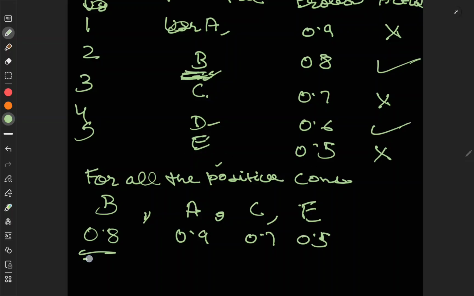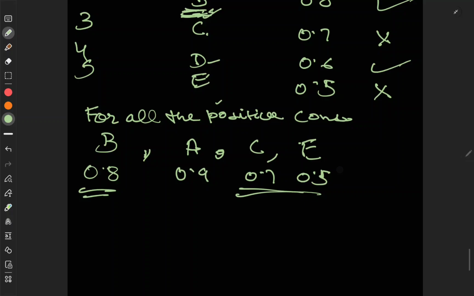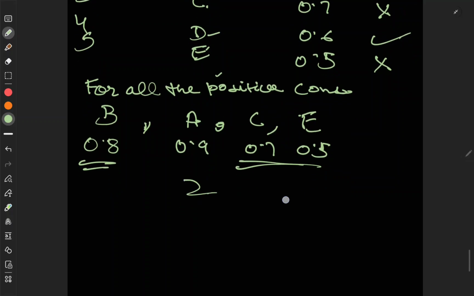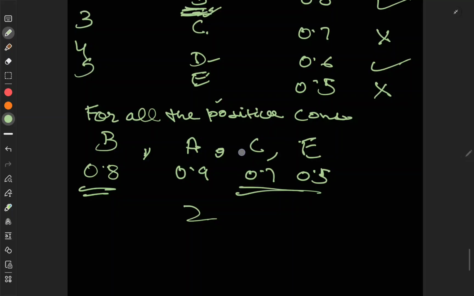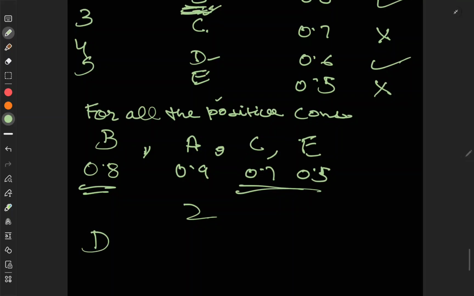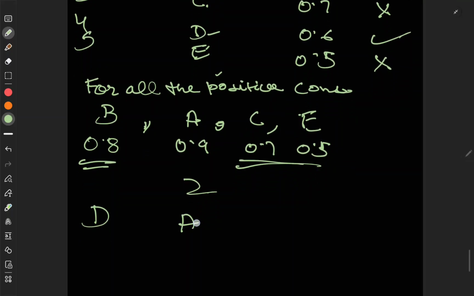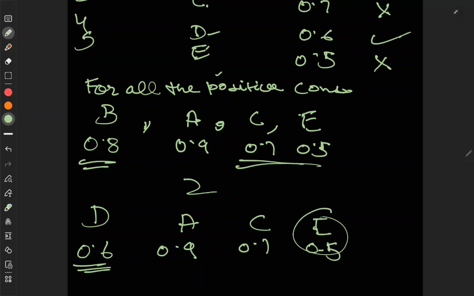For how many was B's score greater? 2. Now take the next positive one, D, and compare it with the negatives A, C, E. D's probability is 0.6, A's is 0.9, C's 0.7, E's 0.5. For how many was 0.6 greater? Only one.